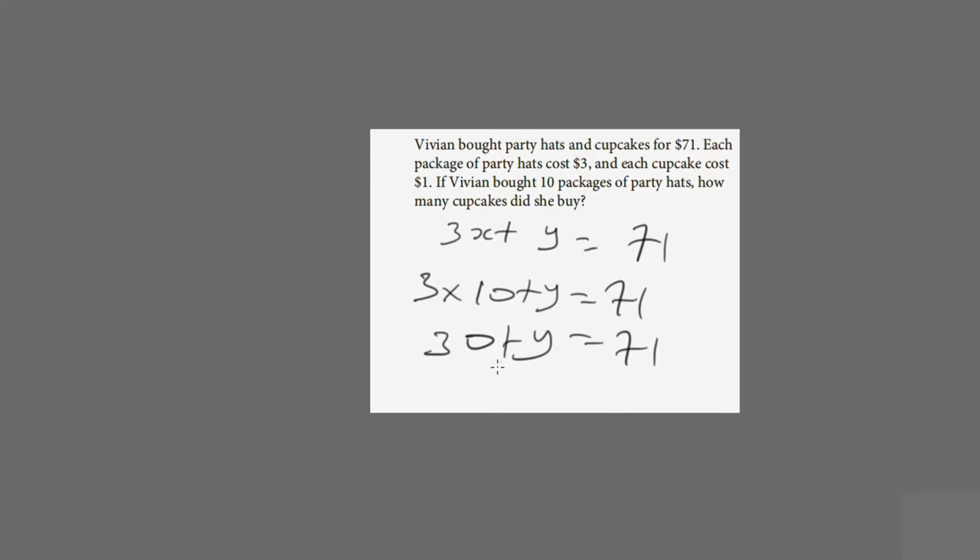To find y, which is the cupcake, y will be 71 minus 30, as 30 crosses over the equality sign, which gives you 41. So this shows that she bought 41 cupcakes. That's the answer to this question.